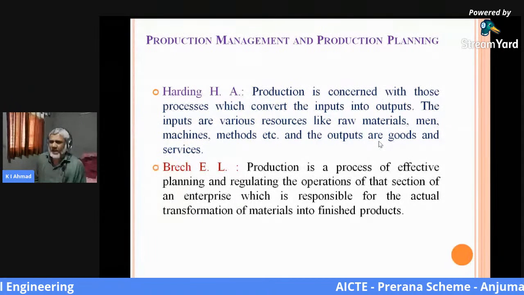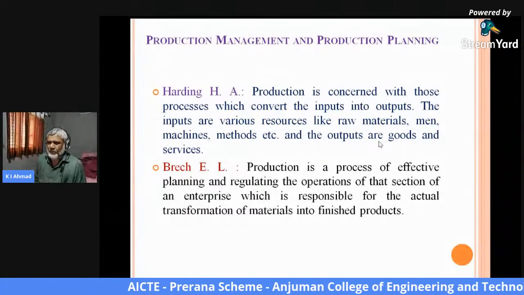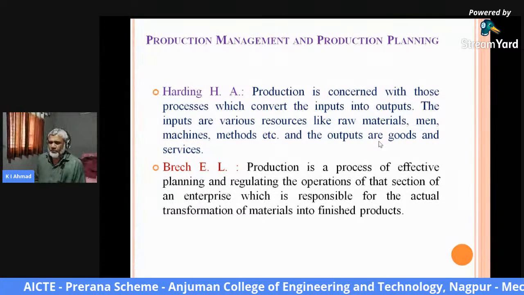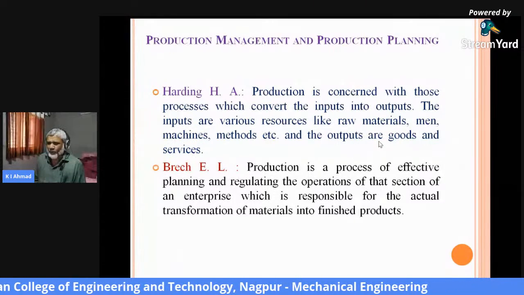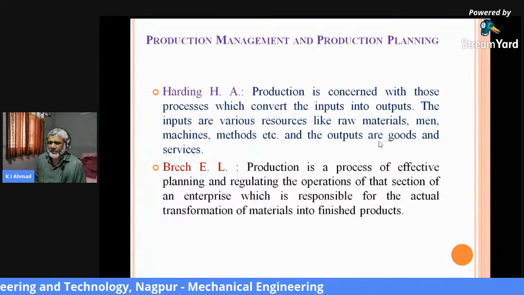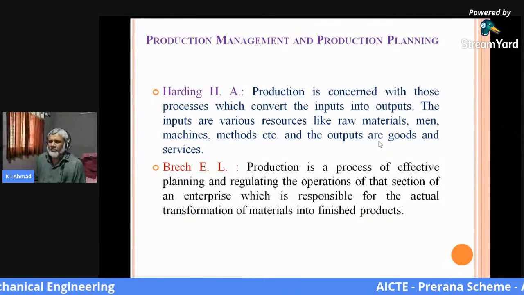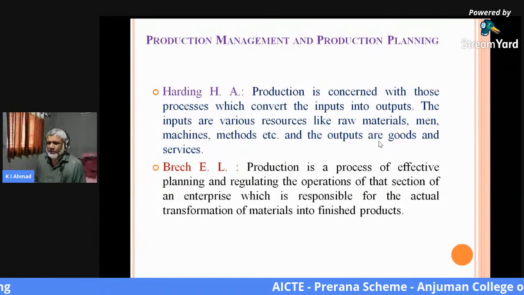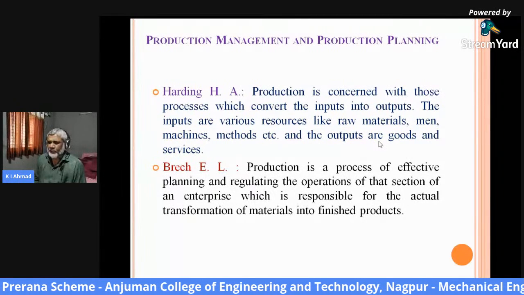H.A. Harding says that production is concerned with those processes which convert the inputs into outputs. The inputs are various resources like raw material, men, machine, method, etc. And the outputs are goods and services. We must understand that production is nothing but converting raw material into some usable products.